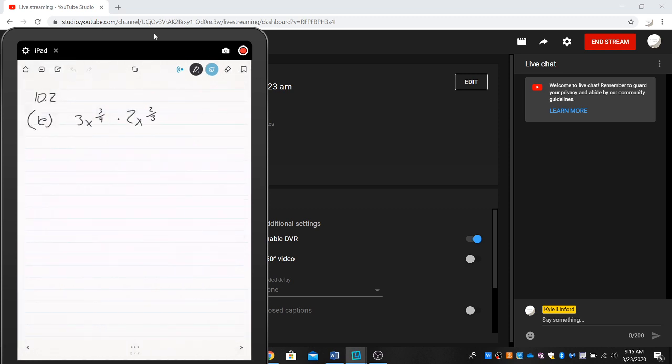Now let's switch up sections and go to section 10.2. In section 10.2, we learned about rational exponents. I love this section because it's a really interesting way of thinking about radicals and really connecting radicals with exponents. Because in fact, radicals and exponents are kind of the same thing.